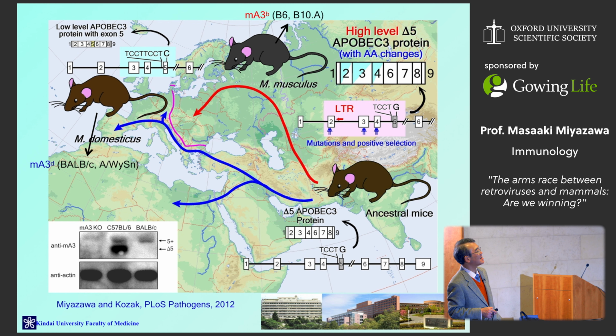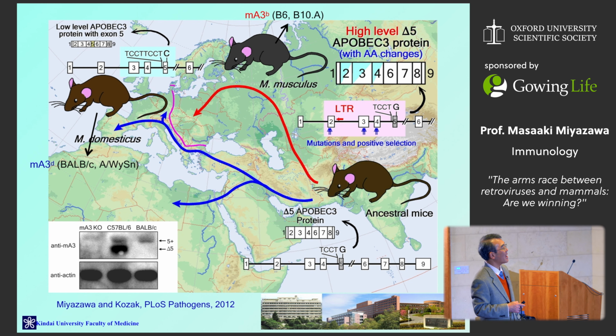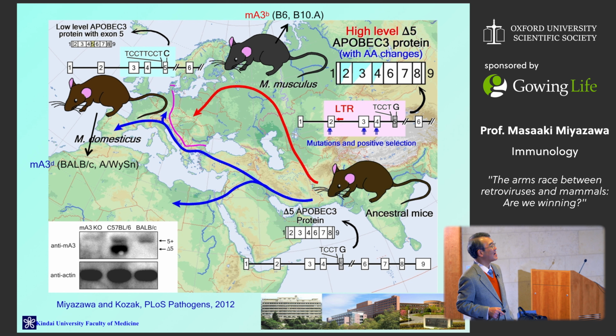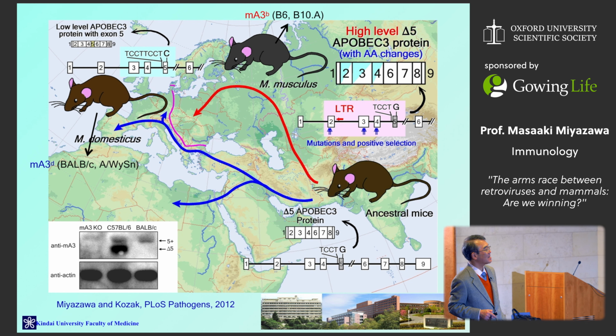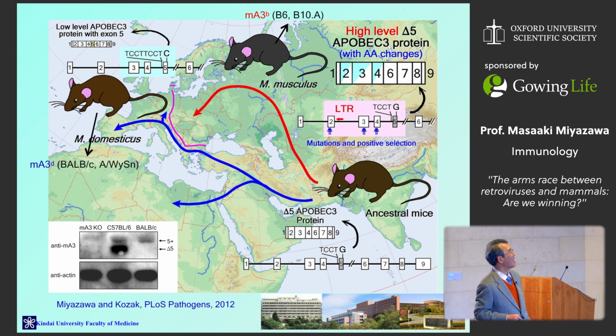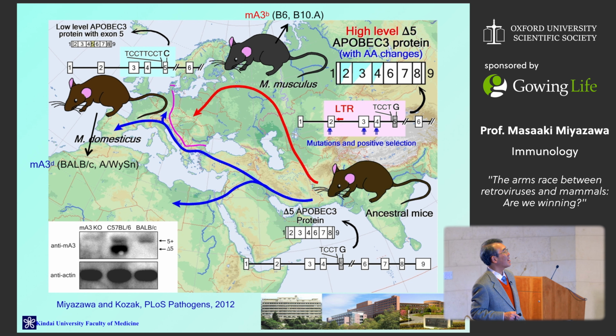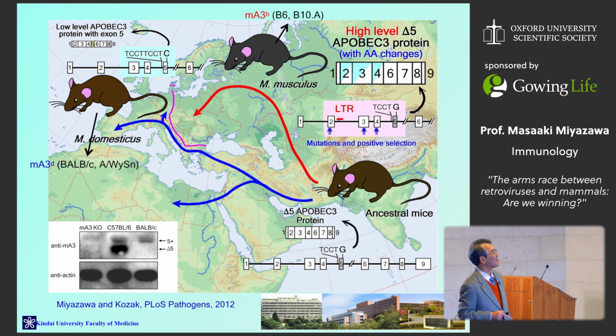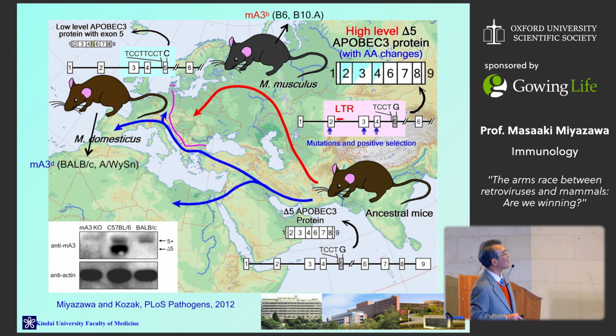Okay, so what we found was that ancestral species of mice expressed a large amount of ApoBec3 protein, as you can see here, and they kept that ability through the migration to the north, going through the east coast of the Caspian Sea. And during that process, they acquired an endogenous retrovirus.